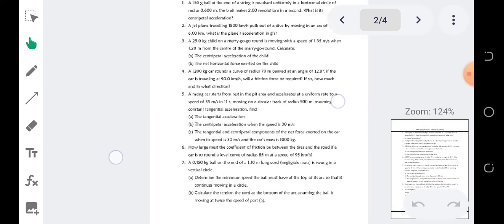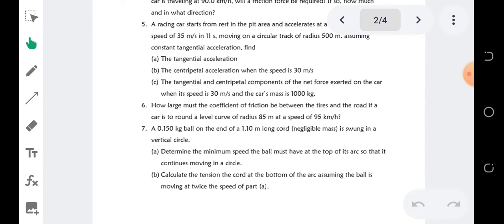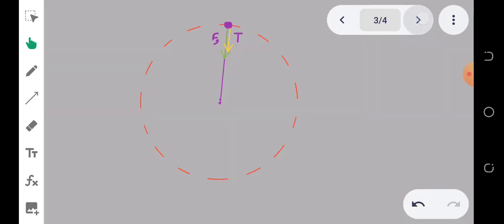Now looking back at the question: determine the minimum speed the ball must have at the top of its arc so that it continues moving in a circle. As I said, it will have a minimum speed at the top and the maximum speed at the bottom.